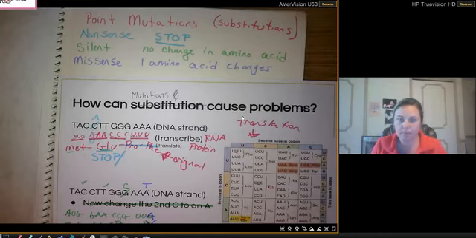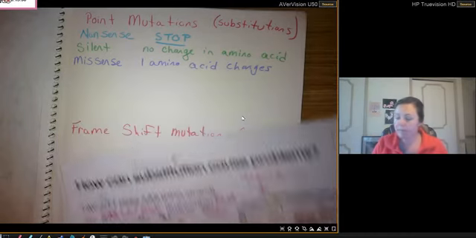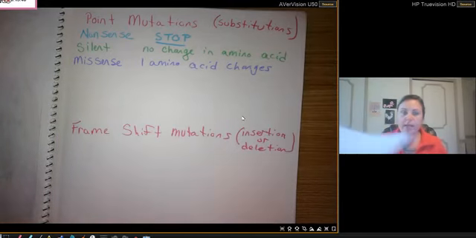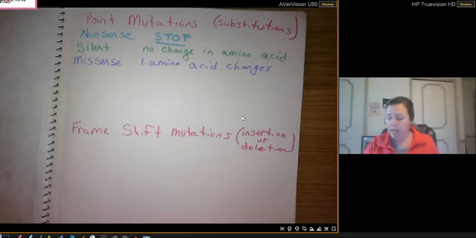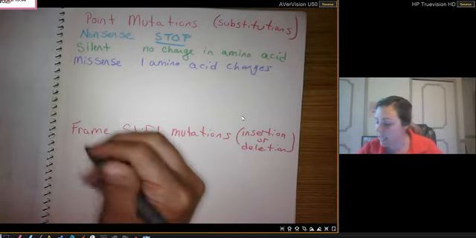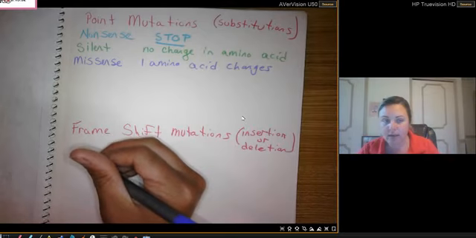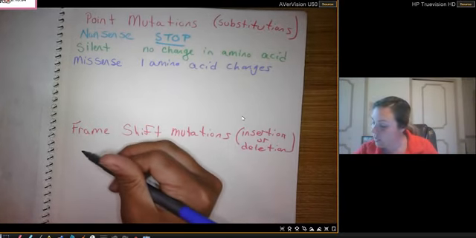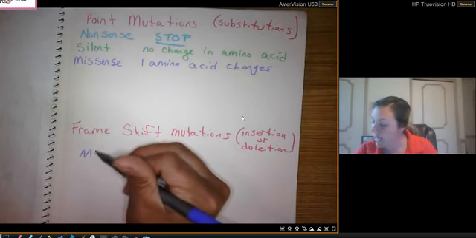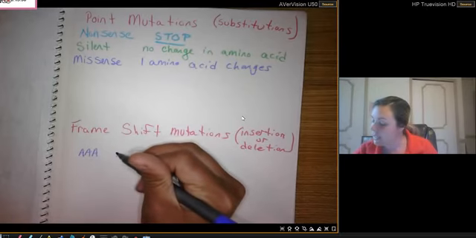Now, there's another type of mutation called a frameshift mutation. And for a frameshift mutation, there has to be some sort of insertion or deletion, and it's exactly like what it sounds like. So if I write a code A, T, I'm going to try to make this easy to understand.